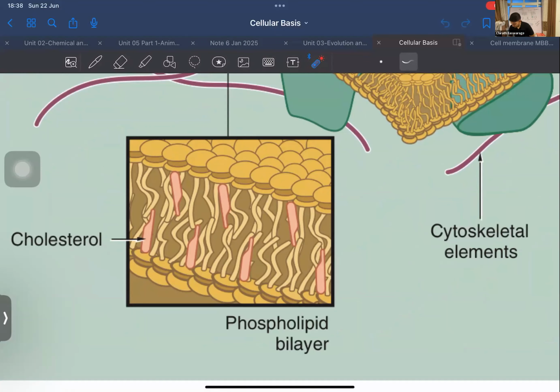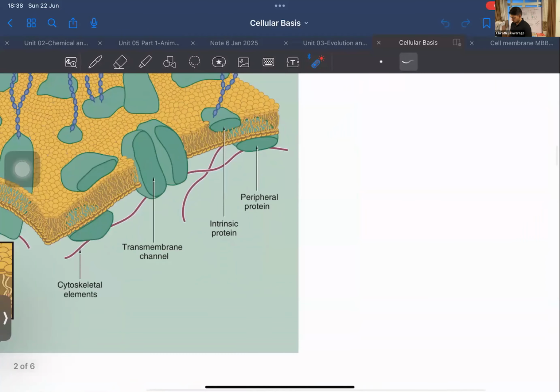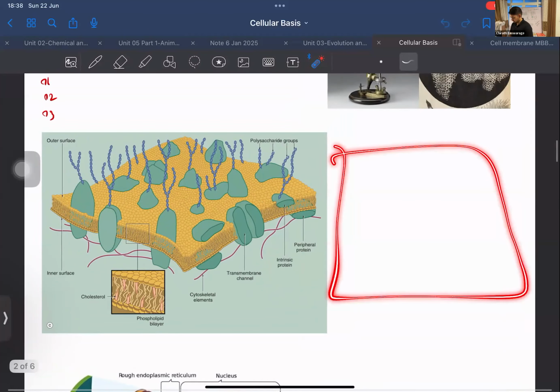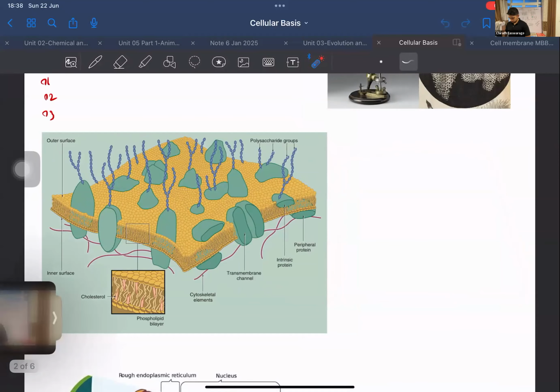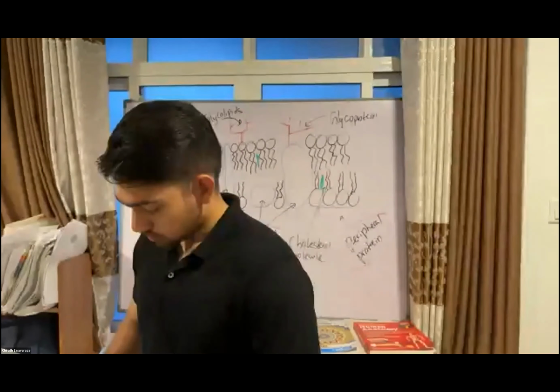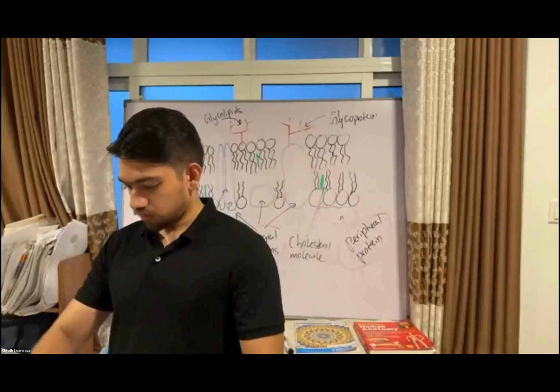All right, let's write down a small note here. Manage your space, Putha.